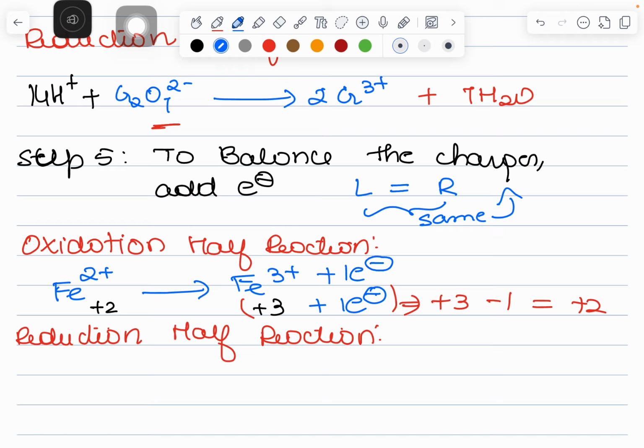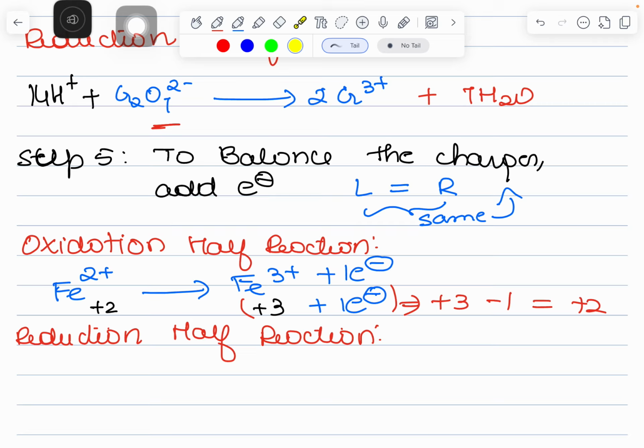I will repeat again. First write what the charges are: here +2 charge, and here +3 charge. The charges on both sides of the arrow must be the same. Now the charges are not the same, so we have to make them the same. The only method to balance the charge is adding electrons. An electron always gives a minus charge, because an electron is negatively charged.